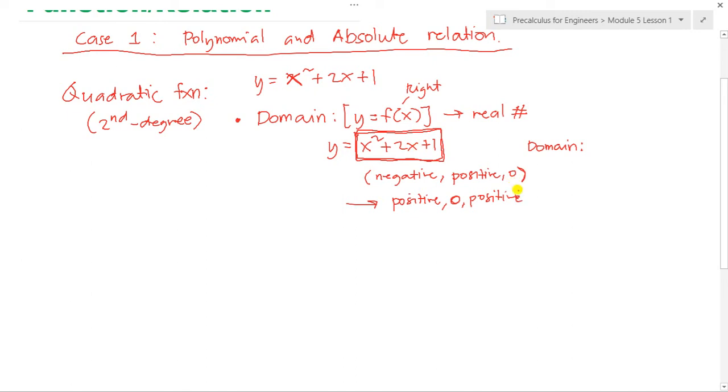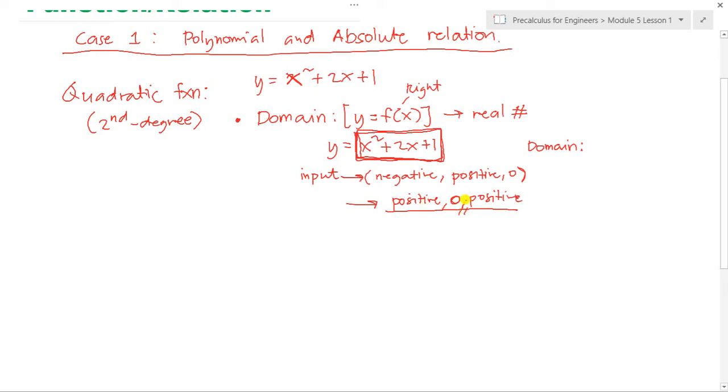So meaning, we already fulfill our goal that the answer on our right side should be a real number. So therefore, we're talking about this one, the input. What we input, from negative to positive and including 0, satisfies that our right side is a real number, since positive numbers and 0 are real numbers.